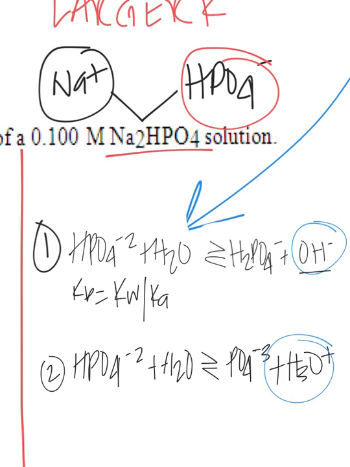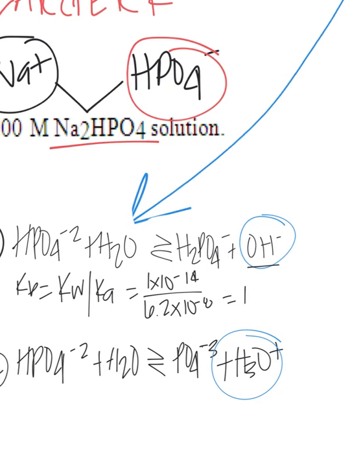Okay, and we already know the Ka for that equation, which is the Ka2, because that was the second one. So I'll do 1 times 10 to the negative 14th divided by 6.2 times 10 to the negative 8th, which will give me a Kb of 1.6 times 10 to the negative 7.